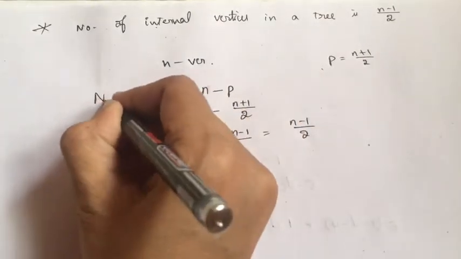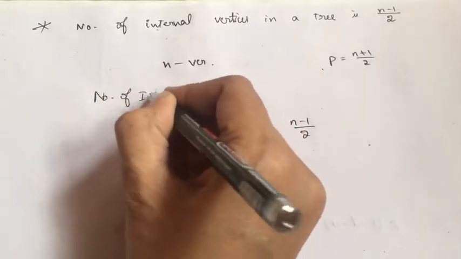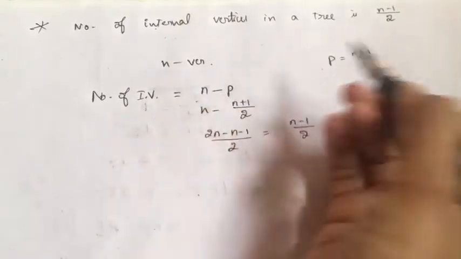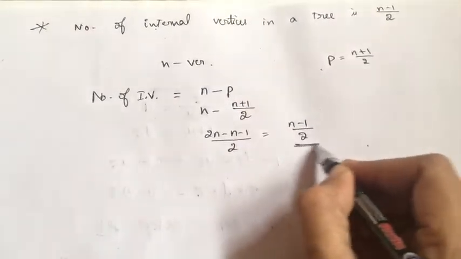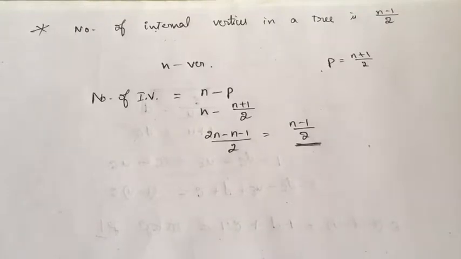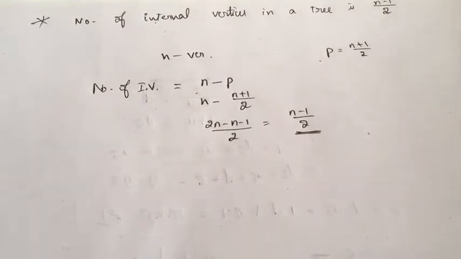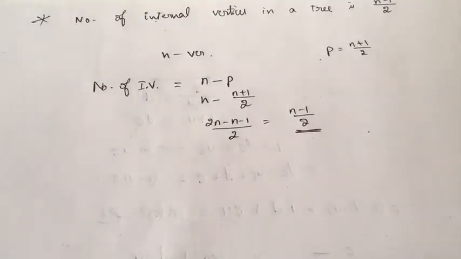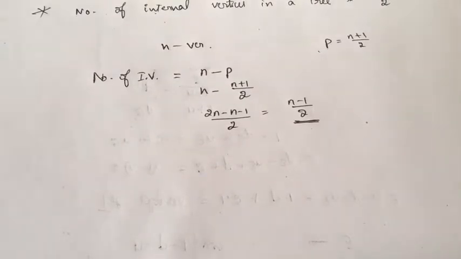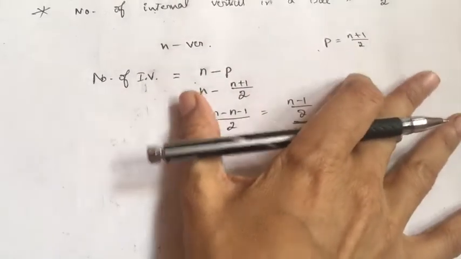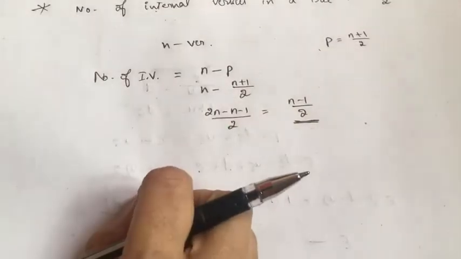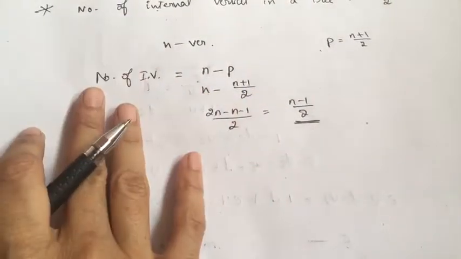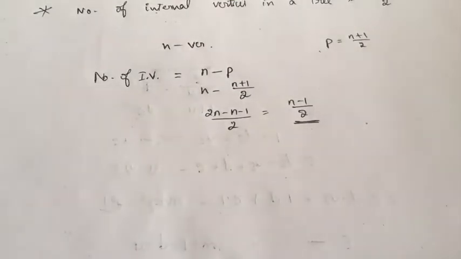So the number of internal vertices is n minus the pendant vertices, that is n minus 1 by 2. In fact, I can say the number of internal vertices in a binary tree is 1 less than the number of pendant vertices. This is in general for any tree, but if I consider a binary tree, the number of internal vertices is 1 less than the pendant vertices.